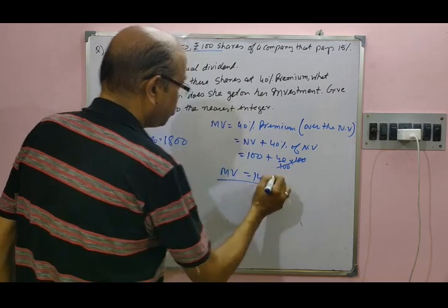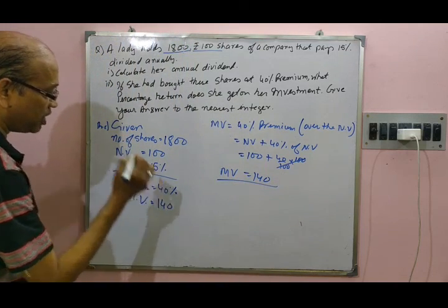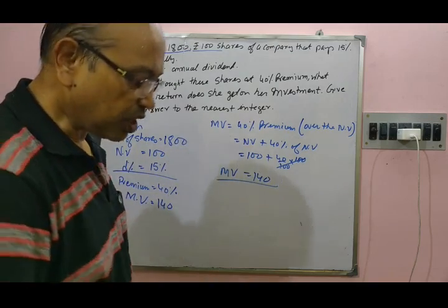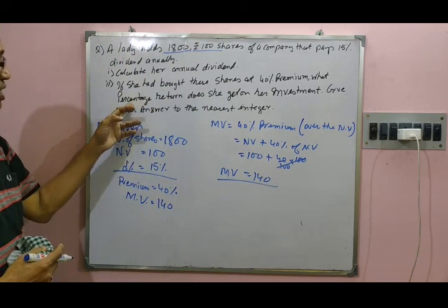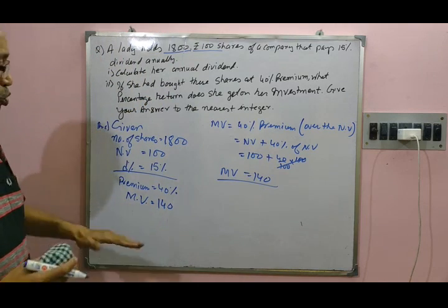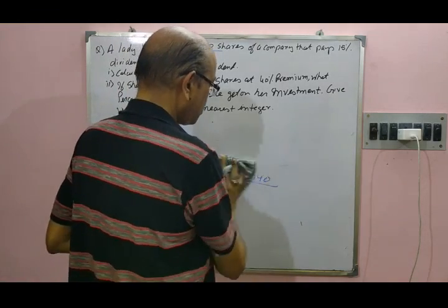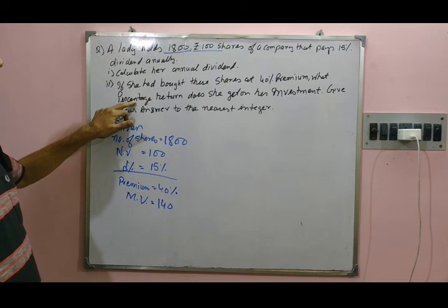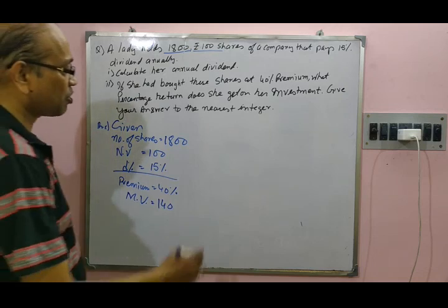Therefore, the market value of the share is 140 rupees. Is it clear? Before we find the percentage, we have to know the market value. Now what we have to find? Percentage return. What is the formula of percentage return?